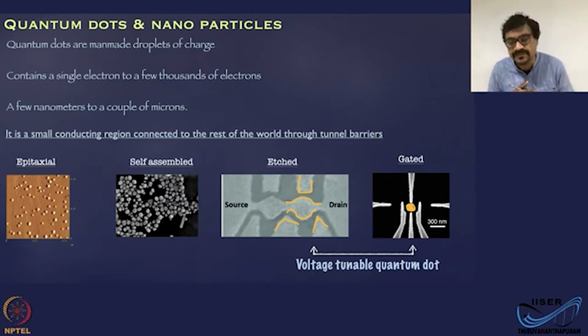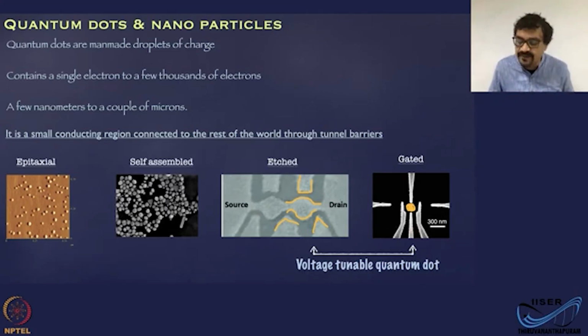The other designs really don't allow you to do that because those are random and you cannot easily attach leads to this material. It's almost impossible for some of these structures when the size is very, very small. Whereas this technique naturally will allow you to define leads, and you can define the quantum dots in a controllable way using microfabrication techniques.